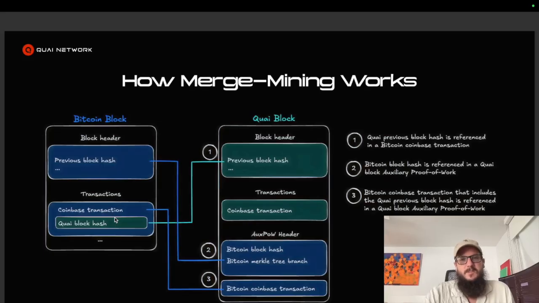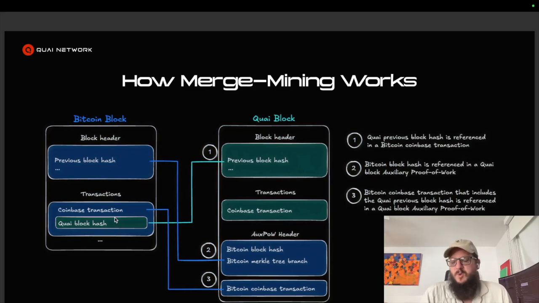So with that, let's jump into SOAP. One of the first pieces that we have to understand about SOAP is how merge mining works, or what merge mining is. Maybe we can start there. Basically, merge mining goes back to 2011, and the first project that used merge mining was called Namecoin. It allows a chain to make a commitment to another chain.